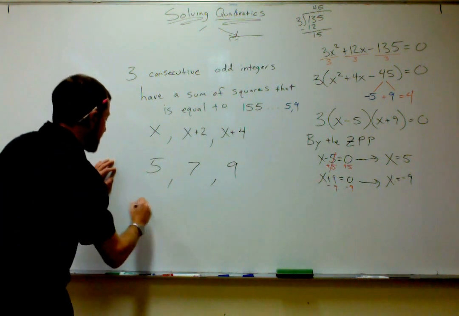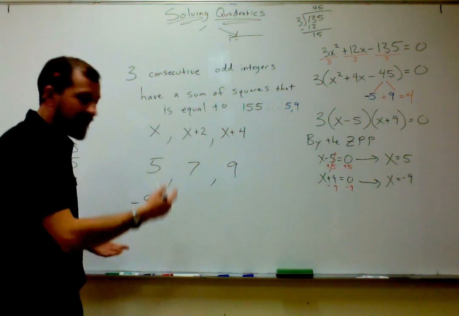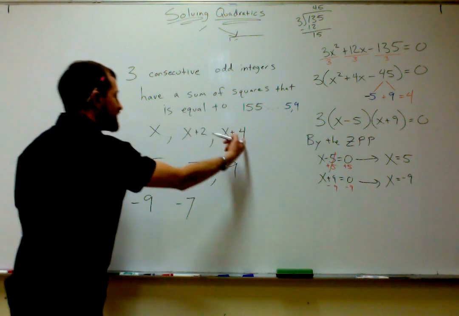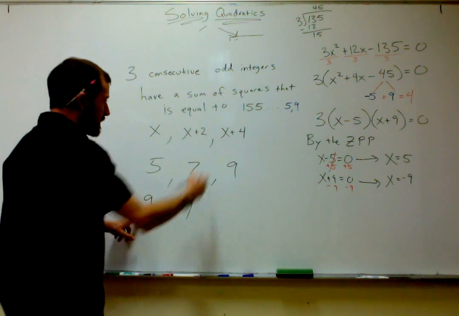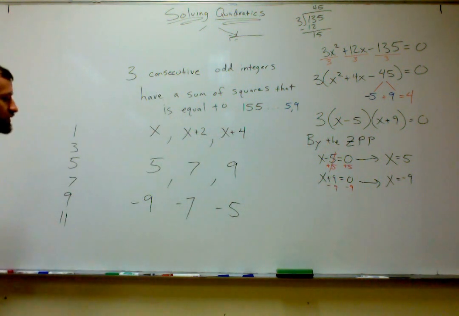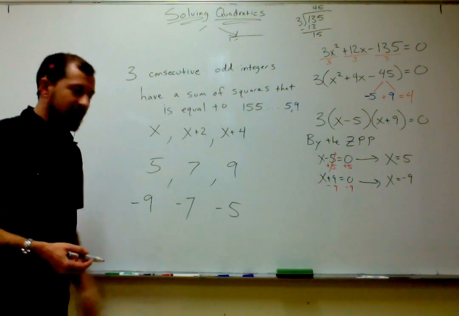Well, what's negative 9 plus 2? Since it's negative and we're adding, we're going to get negative 7. Negative 9 plus 4, because x is negative 9 here, we get negative 5. So these are our two solution sets. Positive and negative, 5, 7, and 9.